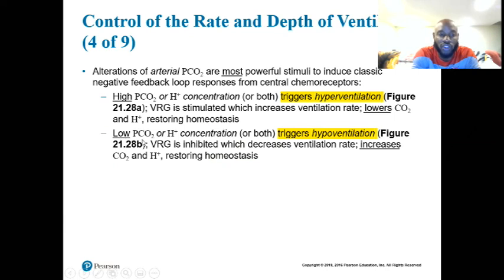When you have a low partial pressure of carbon dioxide, a low hydrogen ion concentration triggers hypoventilation, slows your breathing down, which will increase your carbon dioxide and your hydrogen ion, restoring homeostasis. All right, hopefully that makes sense.